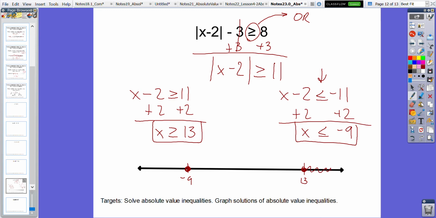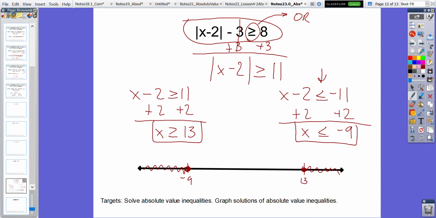I shade everything to the right on 13, and shade everything to the left on negative 9. I know my directions, I promise. So that's how we represent the solution set for this absolute value inequality. Remember, everything hinges on the sign of the inequality with our absolute value.